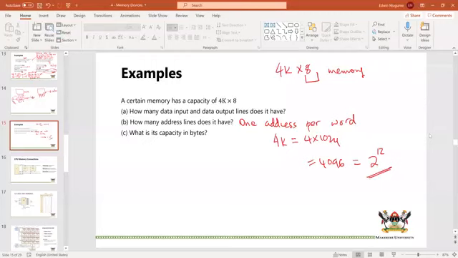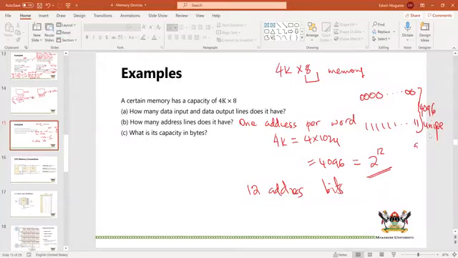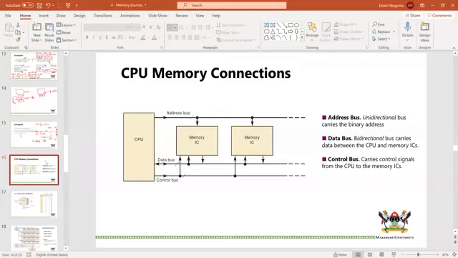So it means we will need 12 address bits, because if we go from 0000 12 times to 1111 12 times, we are going to have 4096 unique addresses, and each of these can be allocated to each of the 4096 words. And the capacity in bits, you know that.